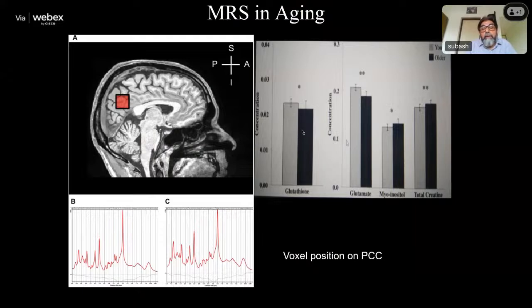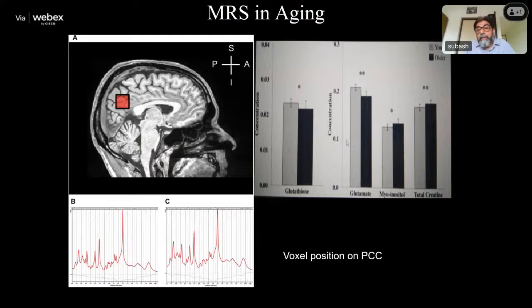And probably after a certain age, 45 or 50 years, one should start having antioxidants to avoid any further deterioration in the brain and in the cognitive functioning. Similarly, in the glutamate also you see a decrease in the glutamate signal. Glutamate is an excitatory neurotransmitter, and this is also reduced in the elderly population compared to healthy young.